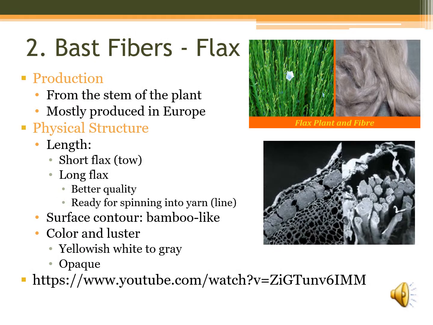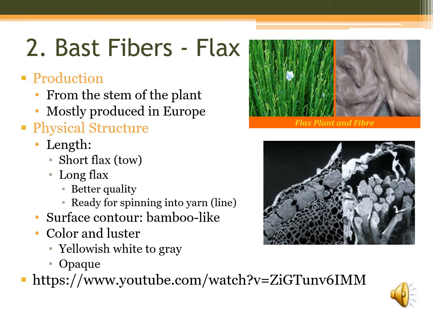As I mentioned on the previous slide, flax comes from the stem of the plant, like all bast fibers do. And in terms of production, roughly 85% of the world's flax is produced in Europe. The link at the bottom of the slide is to a short video that depicts the flax fields and provides some interesting additional facts about the production of flax and compares it to production of a couple of other materials.